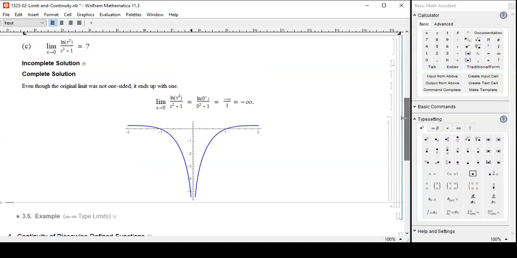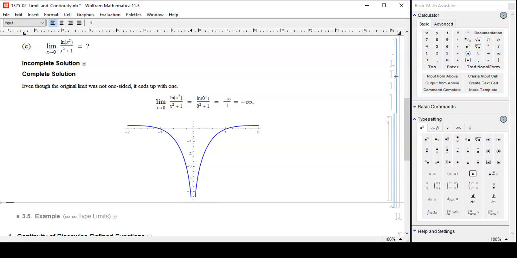So the numerator is going to negative infinity. Without the log function, you can still answer this problem simply by graphing the entire function there, like this. If you do that, you can clearly see that the y-coordinate is going down to negative infinity, either way, from the positive direction or negative direction.